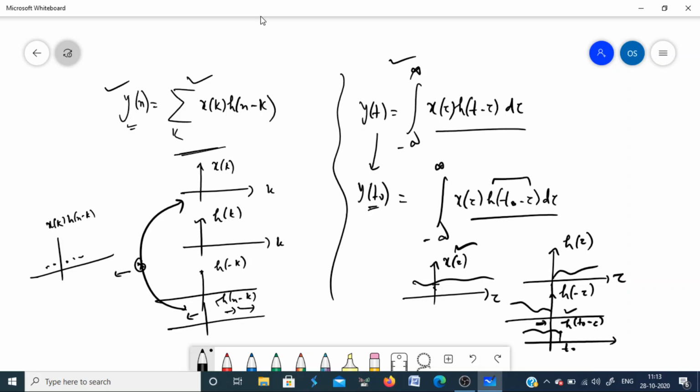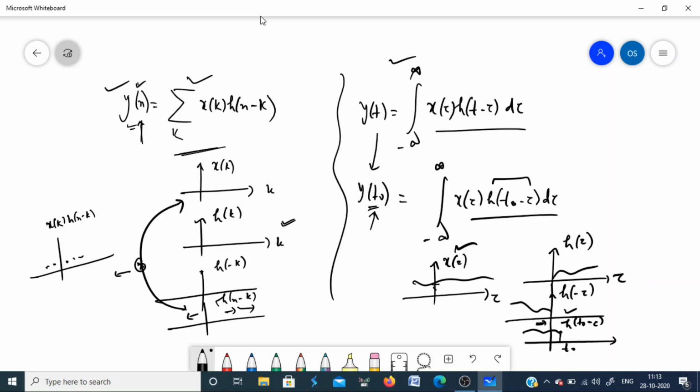Now there is one difference here. When you find the convolution for discrete time, it is very simple. You find the output sample by sample. You first find for n equal to 0, then n equal to 1, then 2, 3. In one case you fold, shift by 1, multiply, add. Then again fold, shift by 2, multiply, add, and so on. Now in this case, since time is continuous, you cannot find these values.